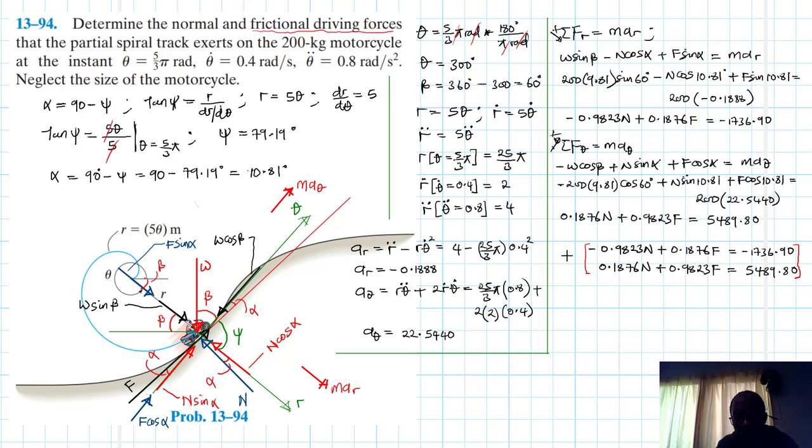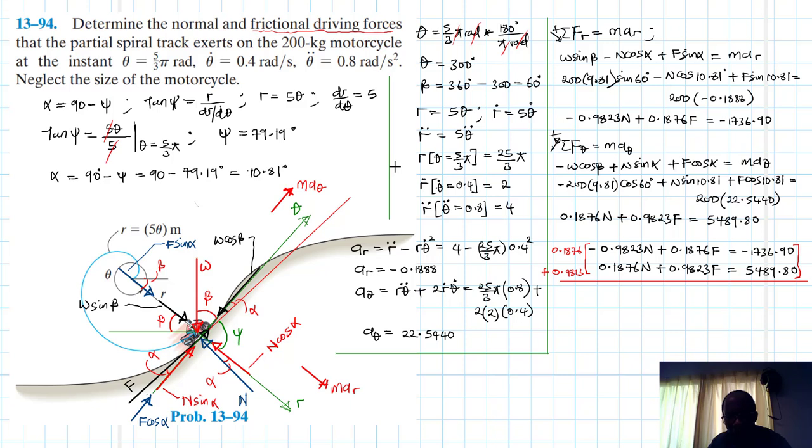Let me say I multiply this by 0.1876 and this one by 0.9823, and I sum them up using the substitution method, right? So let's do so. If we do so, of course this part goes.